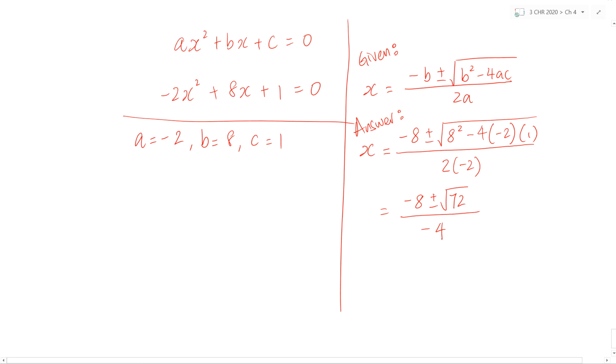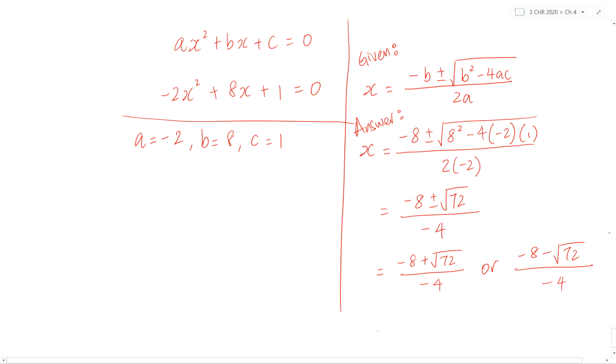I'm almost reaching my final answer already. Here I have 2 options. I can break this plus minus into literally 2 separate answers: minus 8 plus root 72 over negative 4, or minus 8 minus root 72 over negative 4. There are 2 answers. We need to work both of them out.